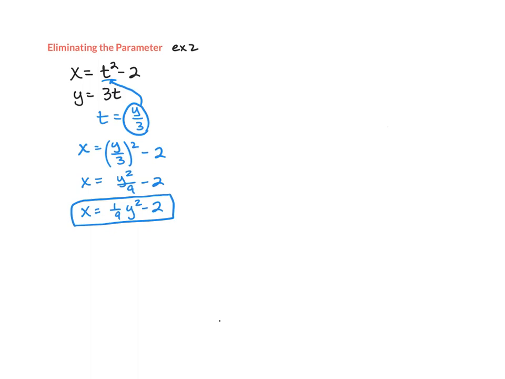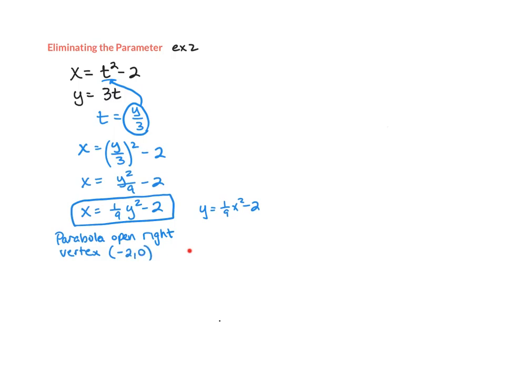But all this means is it's going to be just like y equals 1/9 x squared minus 2, only this thing is going to be a parabola that will open to the right instead of opening up like it would be if it was solved for y. It will have a vertex at -2, 0.